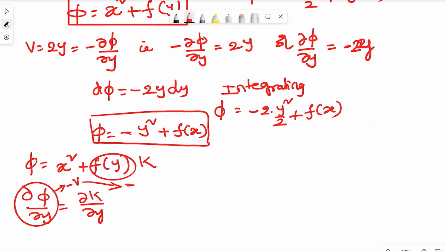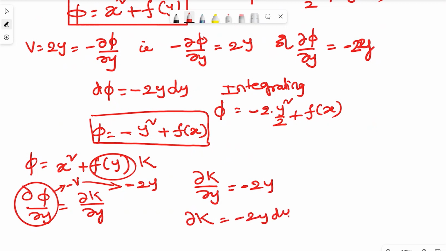So I equate dou k by dou y is equal to minus 2y, or dk is equal to minus 2y dy, or k is equal to minus 2 into y square by 2, or k is equal to minus y square.